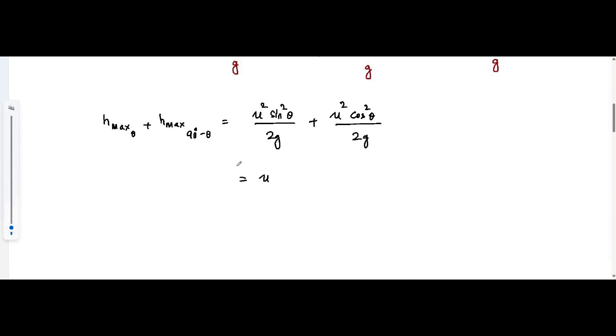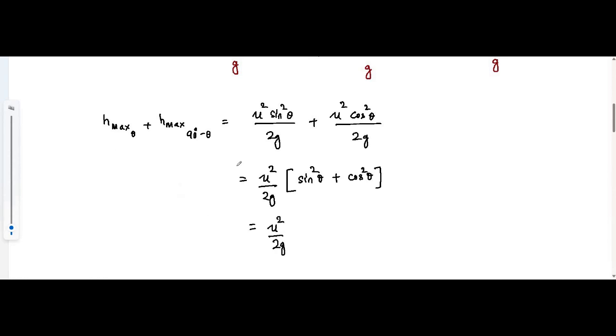So here u square by 2g is common, then we have sine square theta plus cos square theta, which is equal to 1. So we will have u square by 2g.